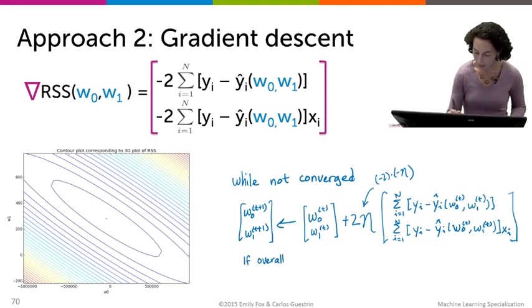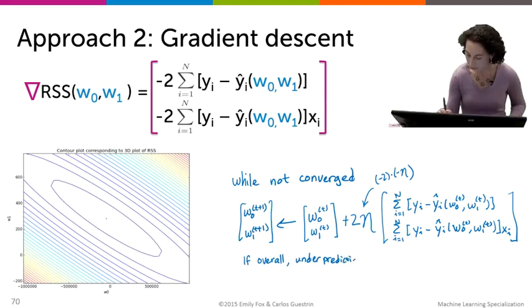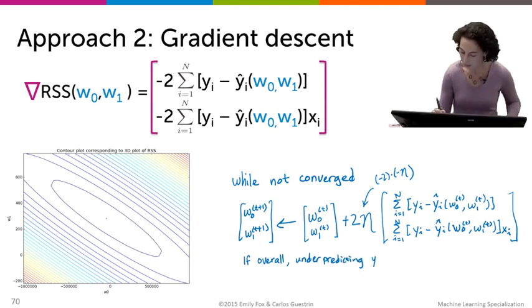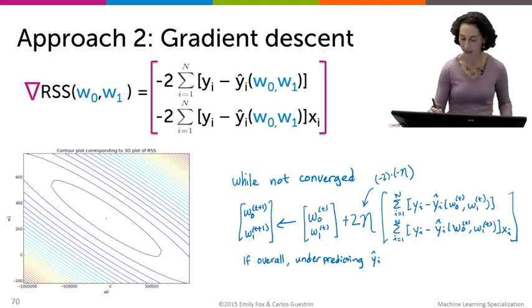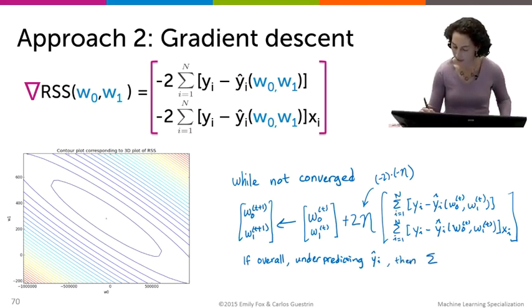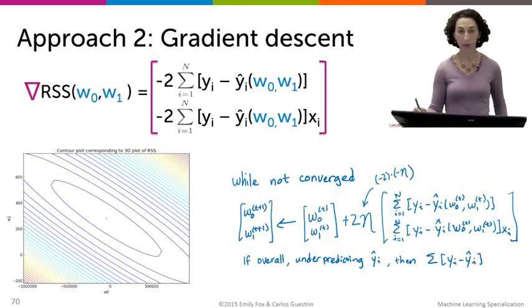If overall we're under predicting, y hat i, then the sum of yi minus y hat i is going to be positive, because we're saying that y hat i is always, or in general, below the true value yi.